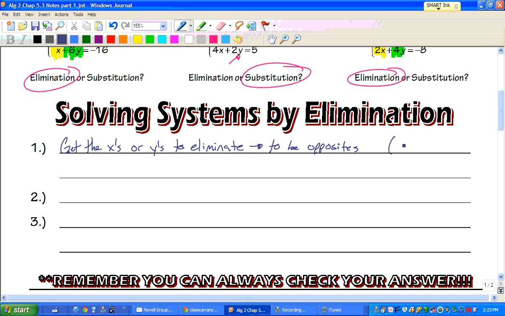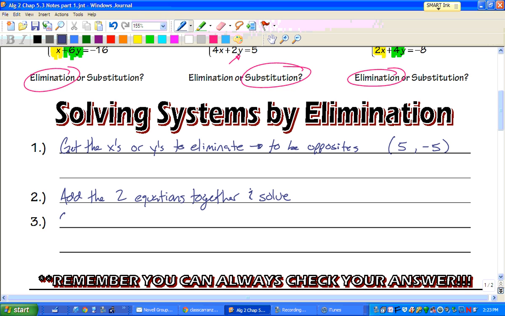When we're thinking about opposites, we're saying like 5 and negative 5. Now step 2 would be to add the two equations together and solve. In step 2, you're going to get, no idea how to do that yet. That's what we're going to learn in just a second.